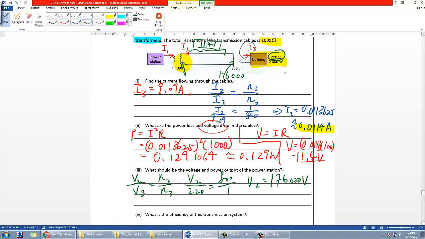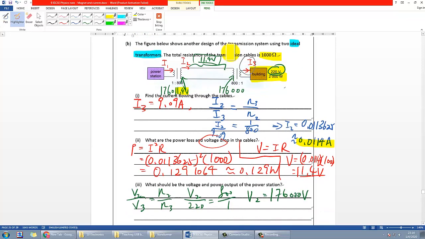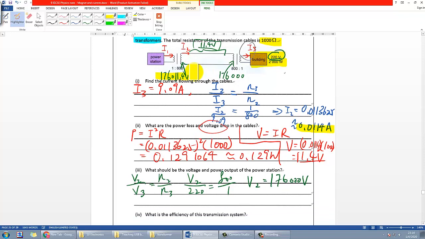So this side, I would say it is 176000 plus 11.4 V, which you may find is almost like nothing changed, right? And this is the nature of the Tesla model here. So if you really want to answer it, then this will be the answer, 176011.4 volts.